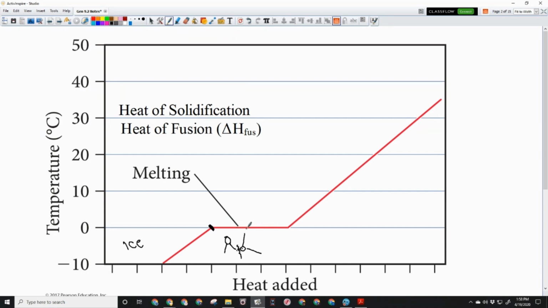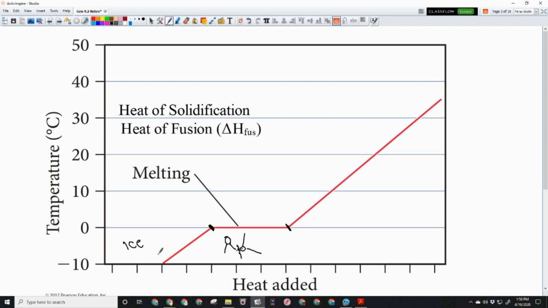So this is going to stay at 0 degrees until every sliver of ice has been melted. When the last molecules that make up this solid ice break apart, then this heat energy we're adding is going to start increasing the temperature of the water.